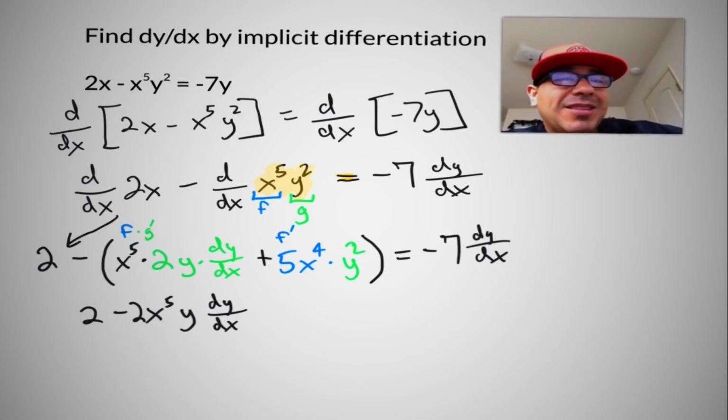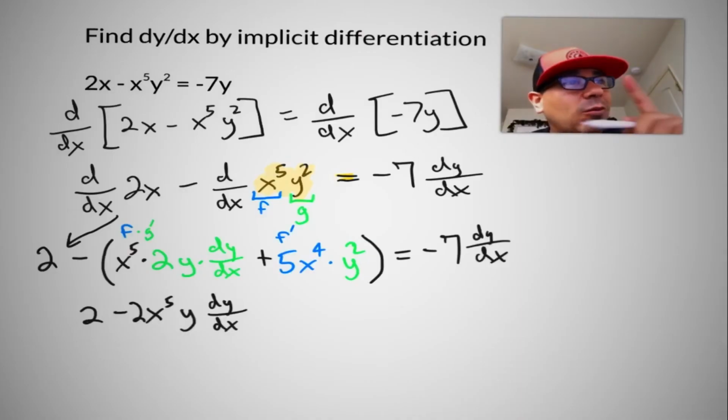I noticed in this next step, I forgot to distribute this negative also to that 5, and it jacked everything up. You blew it! So again, one little mistake could waste a lot of time. So be very careful as you're going through this, all right? Because it happens to the best of us.